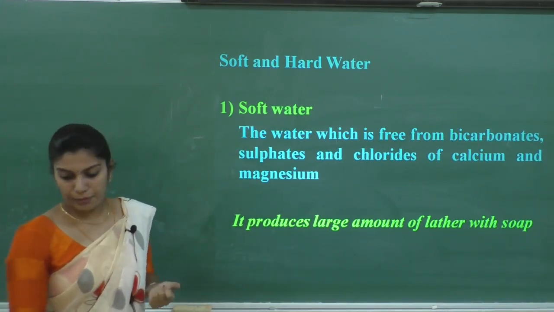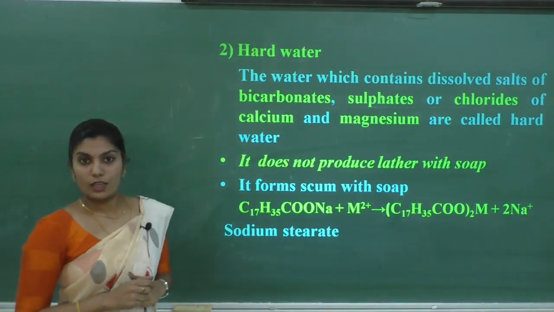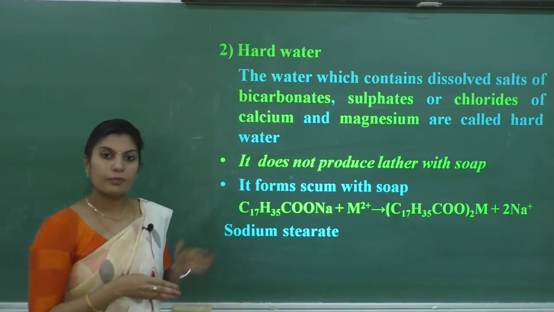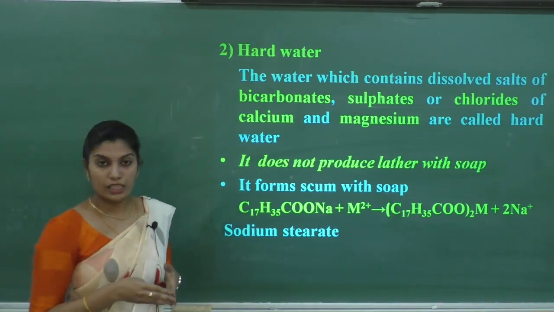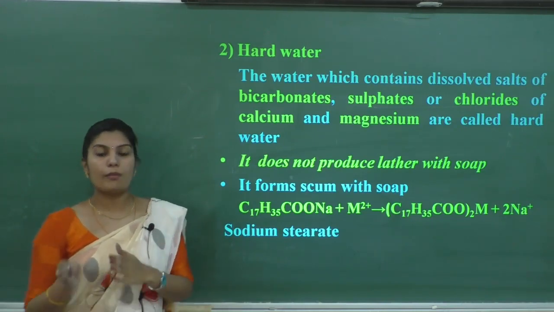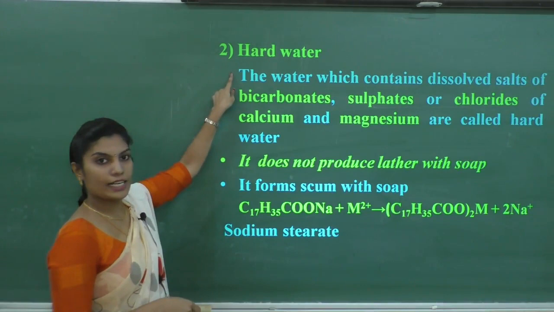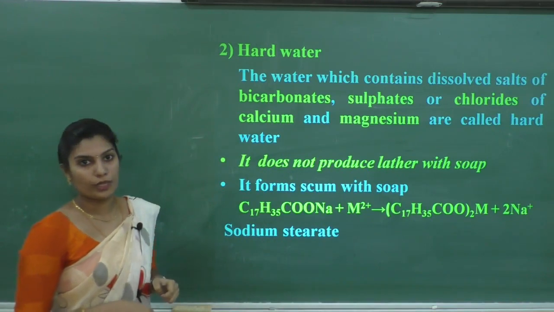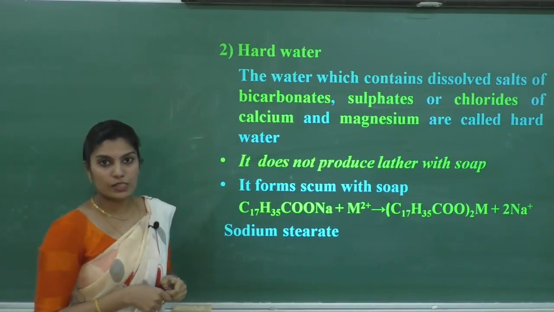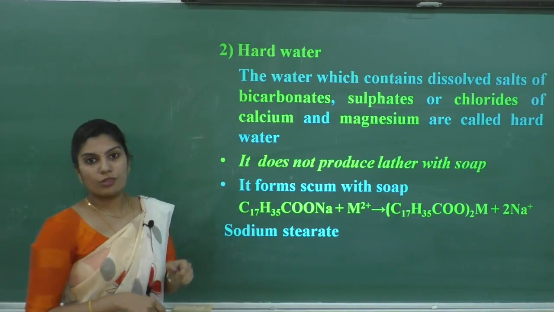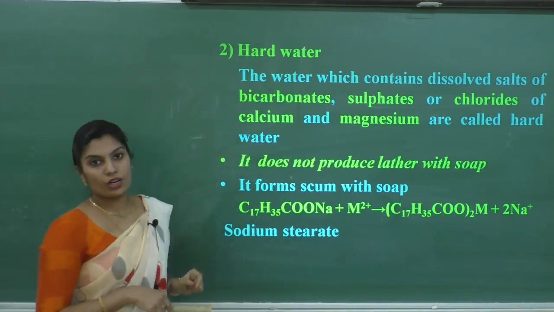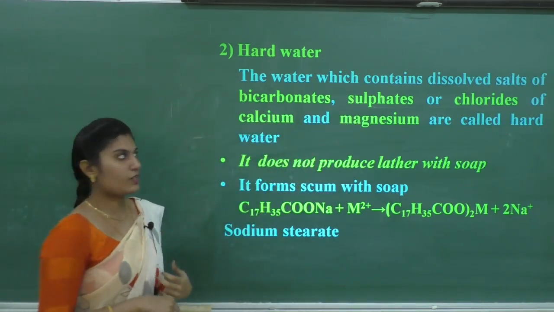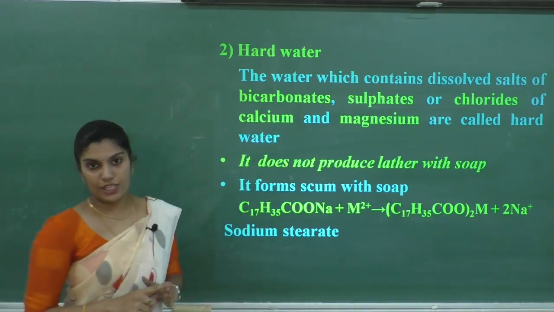Next, the second type is hard water. Already I said that water is classified based on the formation of lather with soap. Soft water forms a lather with soap, and the water which does not form a lather with soap is hard water. Why does it not form a lather? Because hard water contains dissolved salts of bicarbonates, sulfates or chlorides of calcium and magnesium.